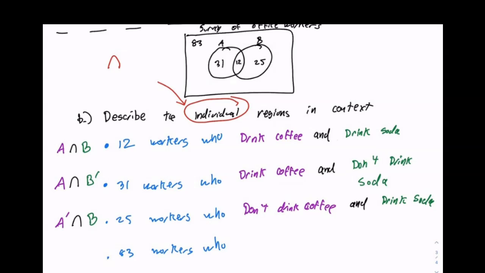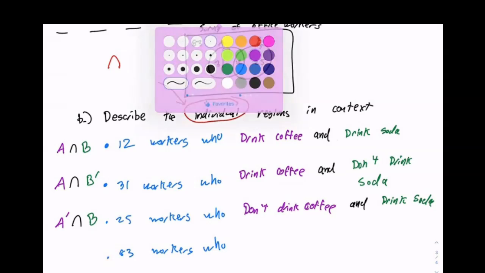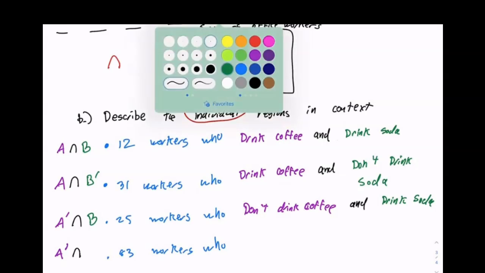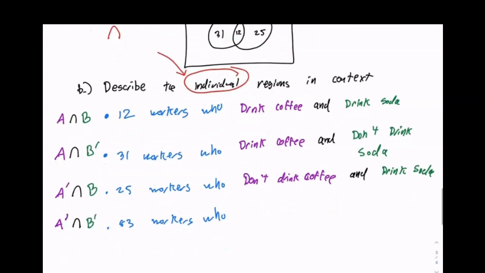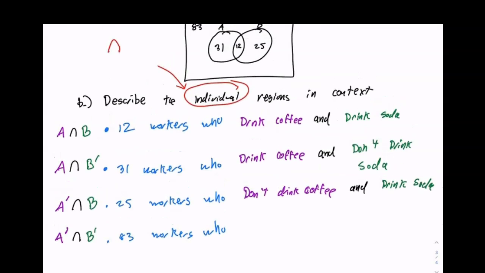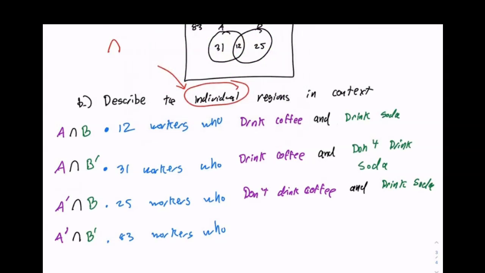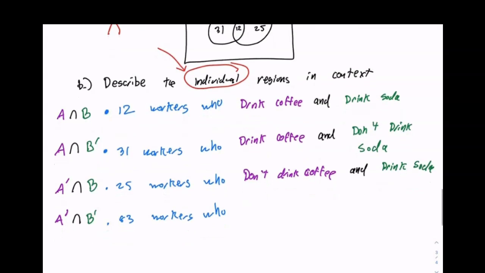It's still one single region, one of the four regions, but it's outside of both of the circles. So yes, it would be A prime intersection B prime. And so there are 83 workers who don't drink nothing at all. Well, that doesn't have the context of the problem because you have to say coffee and soda. Don't drink coffee and soda. Don't drink both coffee and soda.